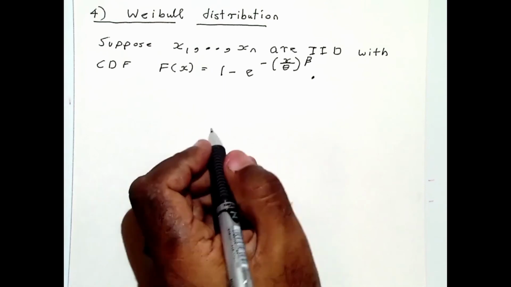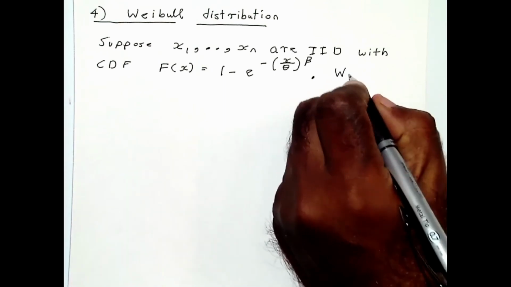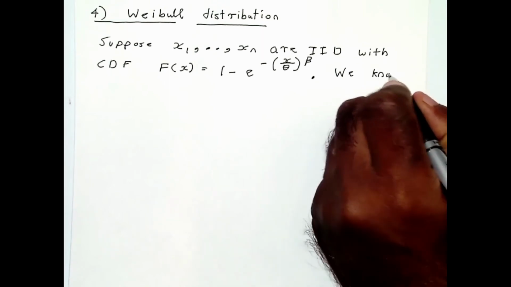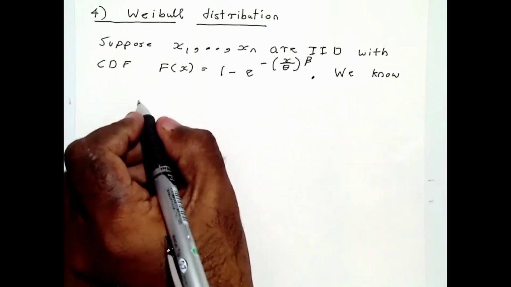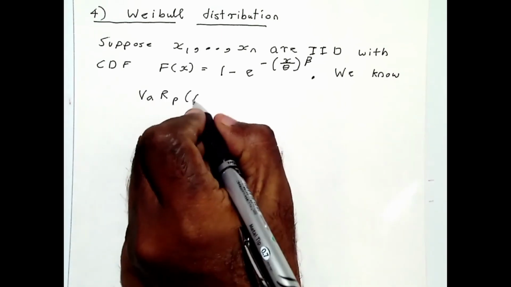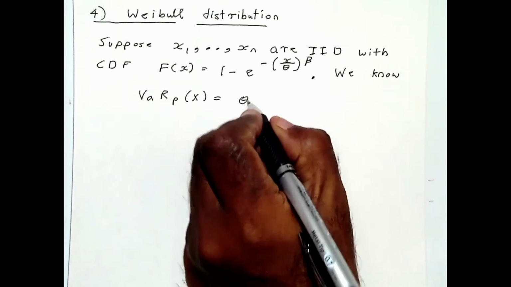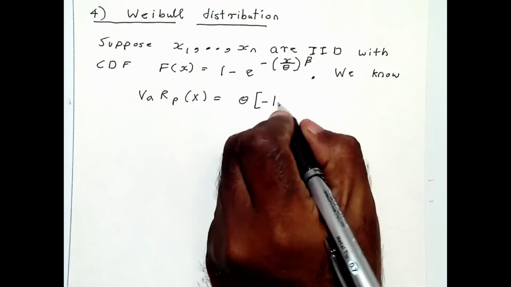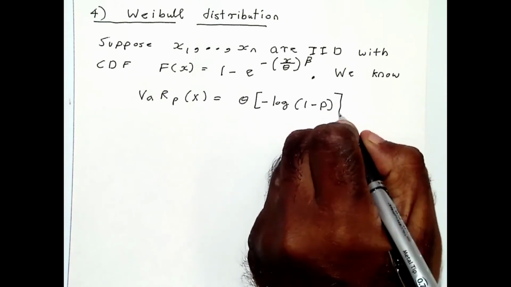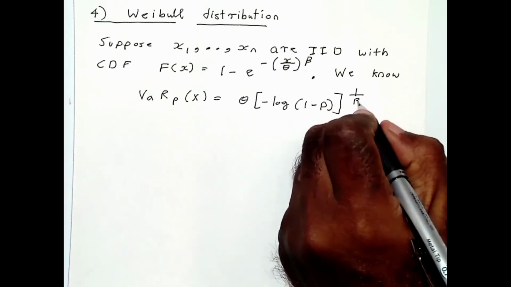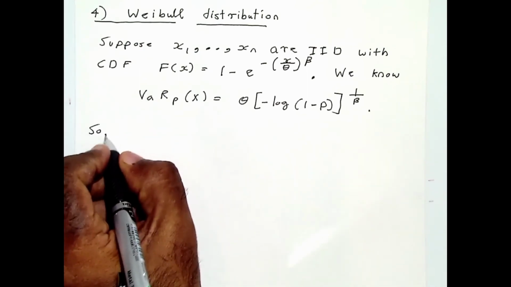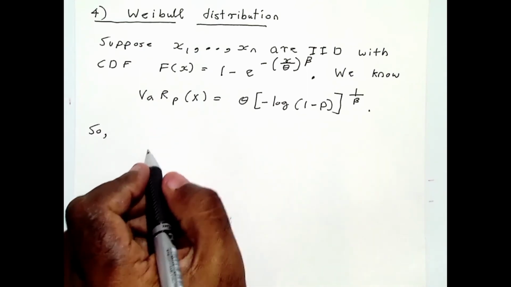Now, if you look at the video for parametric estimation of VAR, you will see that I derived the following expression for VAR. So now I'm going to use this to derive the expression for expected shortfall.